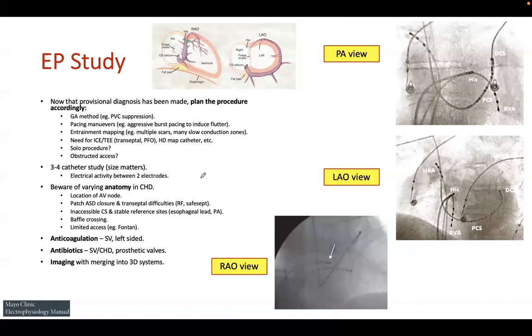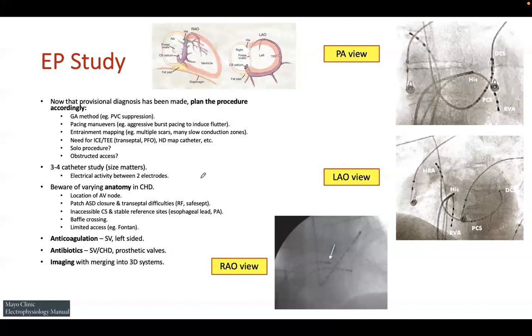If a patient has a CS that is atretic or doesn't exist, there are occasionally anomalies within the CS, then you have to have a plan B. Where should my reference catheter be? There is something called an esophageal lead, meaning a lead that goes in the esophagus and usually senses the left atrium, and it's usually very stable.